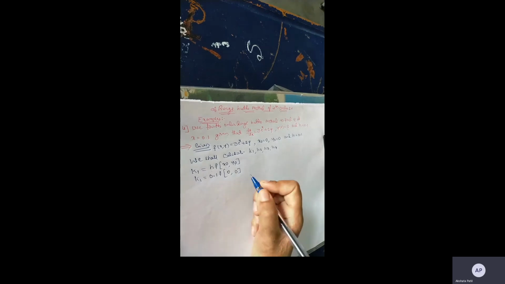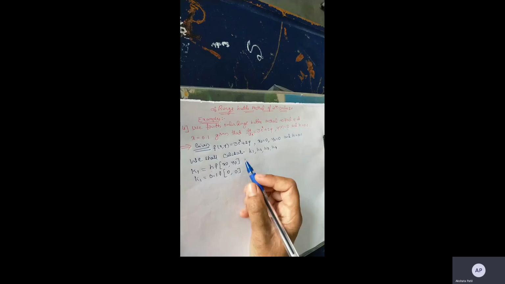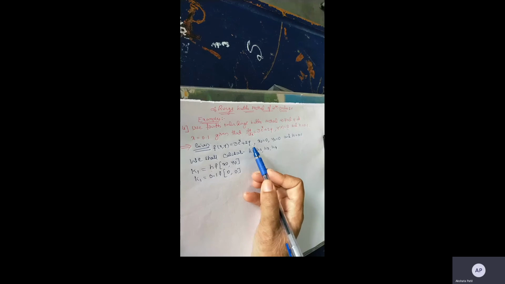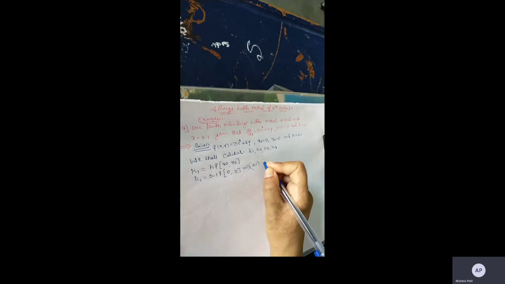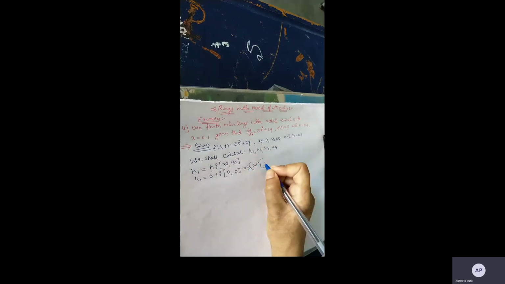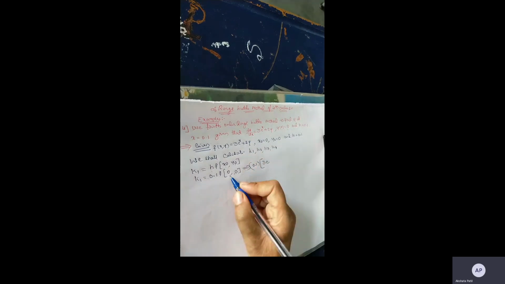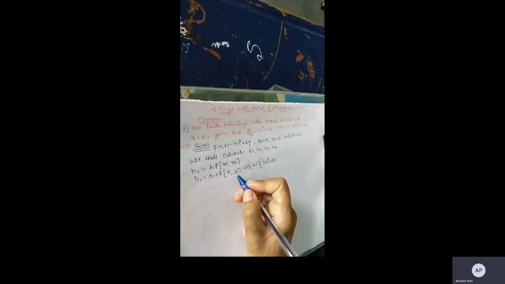Now use these values in the given differential equation 3 into e raised to x plus 2y. Write 0.1 into 3 into e raised to x0, x0 value is 0, plus 2 into y0, y0 value is 0, so into 0.